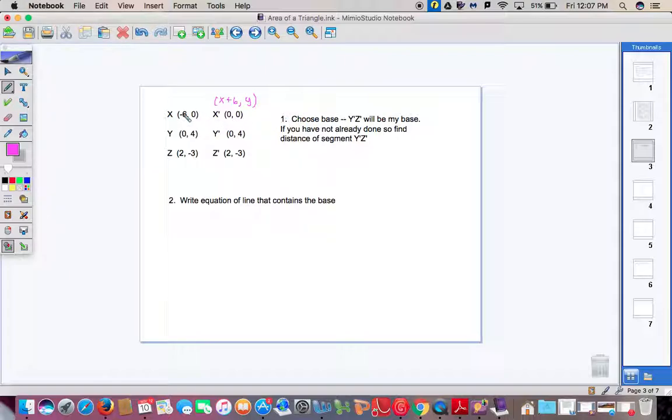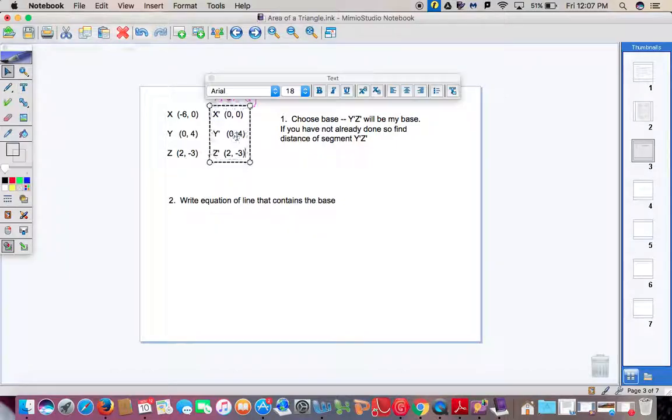So I'm going to say -6 plus 6 gives me 0, and 0 is already at 0, so I'm not doing anything to my y values. So if I look at y here, I'm already at 0, and I'm adding 6 to that, I'm going to be at 6, 4, because again my y value is not changing.